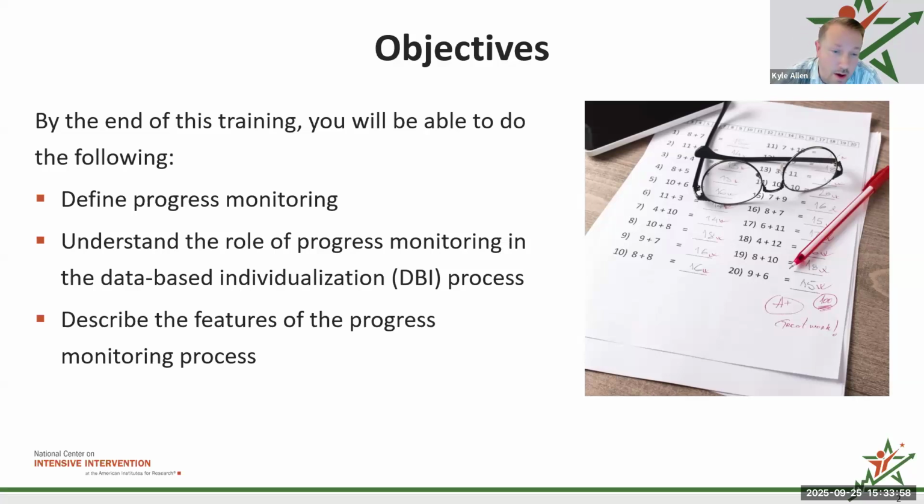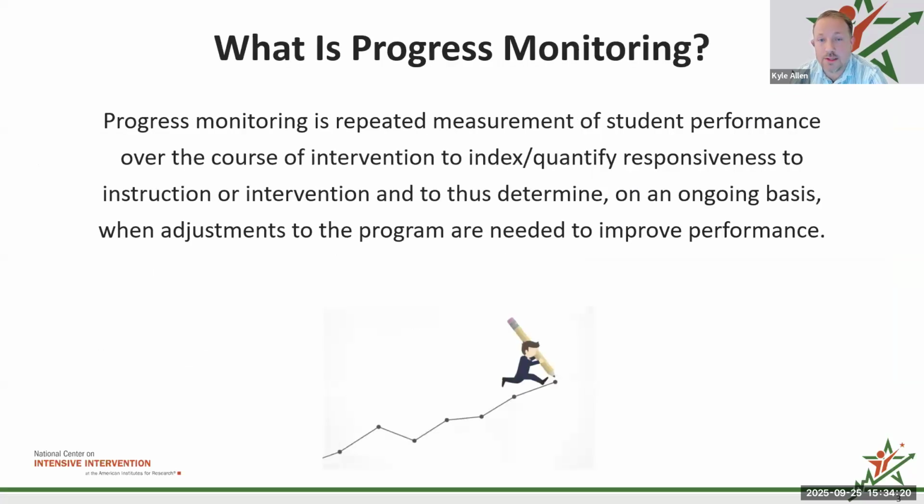Part of the DBI process includes progress monitoring. That's probably my favorite step of the DBI process, and that's what we're going to unpack today. In doing that, we're going to describe the features of that progress monitoring process, so you'll see some of that as we work through this content.